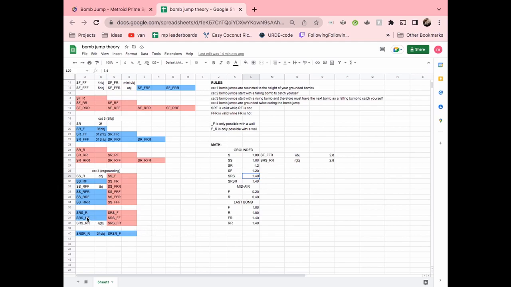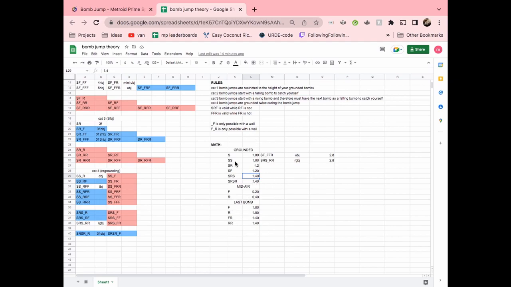And this is actually where RGBJs come in, or the really good bomb jump. It uses this to its advantage. It starts with extra height because of that extra 3-frame inside of it. You could use this to look at the math for it. SRS_RR, that's 1.4 plus 1.4, or 2.8.